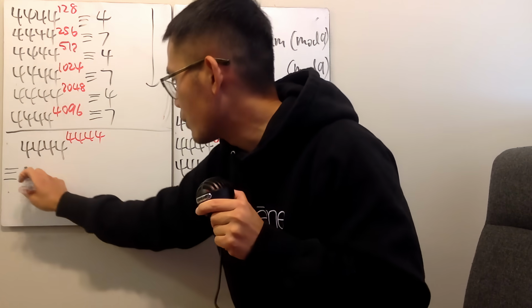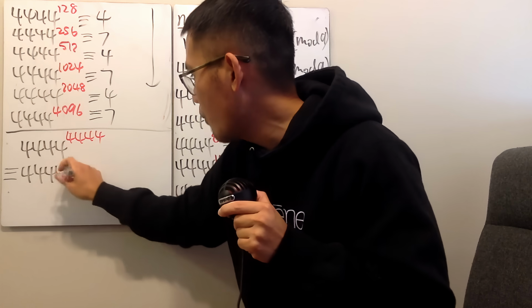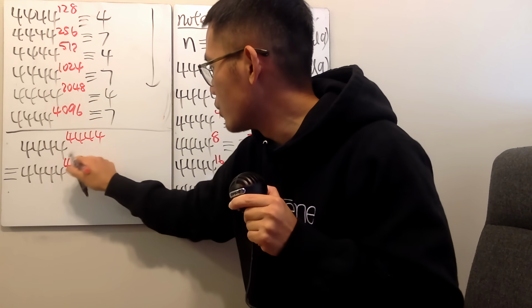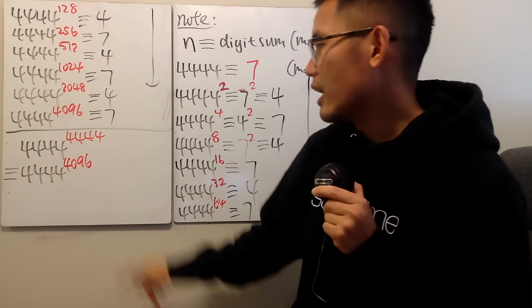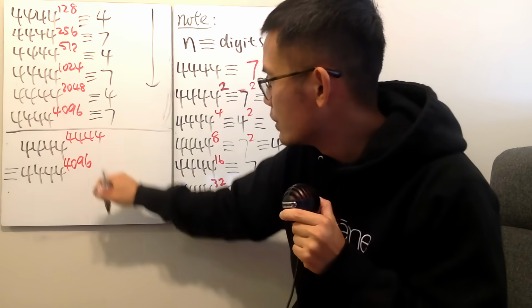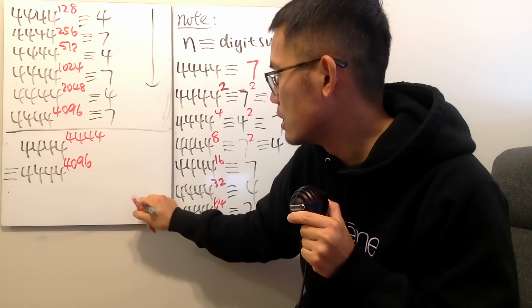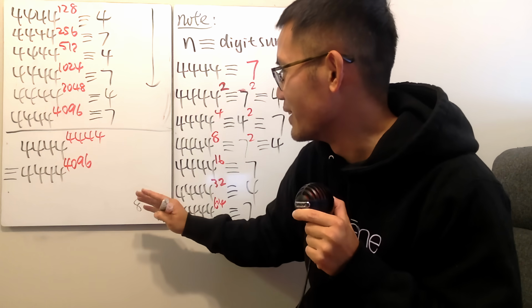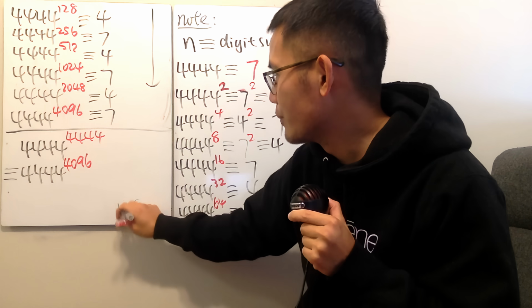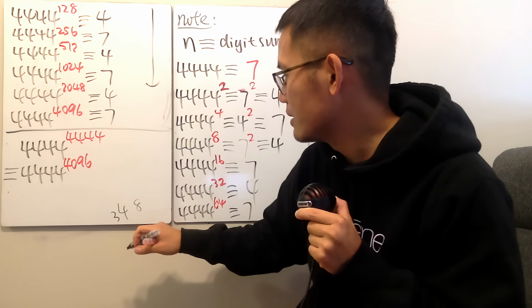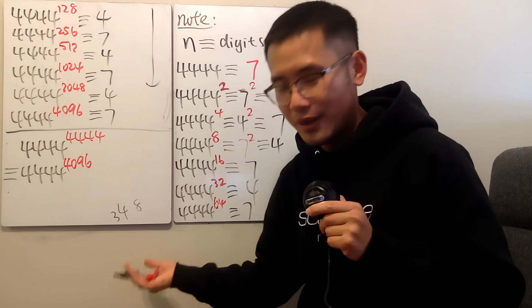You put this down, which is 4444^4096. And then how much do we need? Well, if you just subtract, you get 348. Yes, 348. I need 348 more.